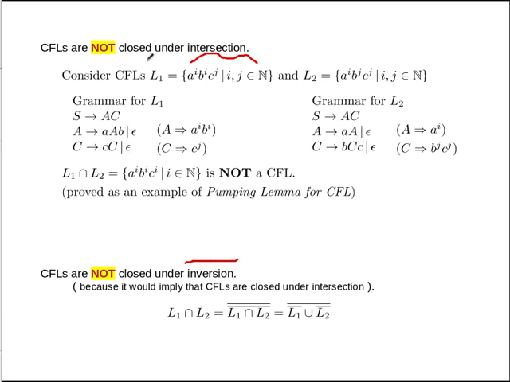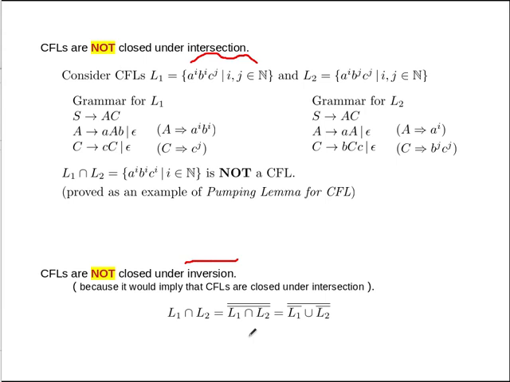And the non-closure under intersection will actually imply that it is also not closed under inversion, because you see that if CFLs were closed under intersection, and since we have already proved that CFLs are closed under union, these two things, closure under union and closure under inversion, would imply that CFLs must be closed under intersection.